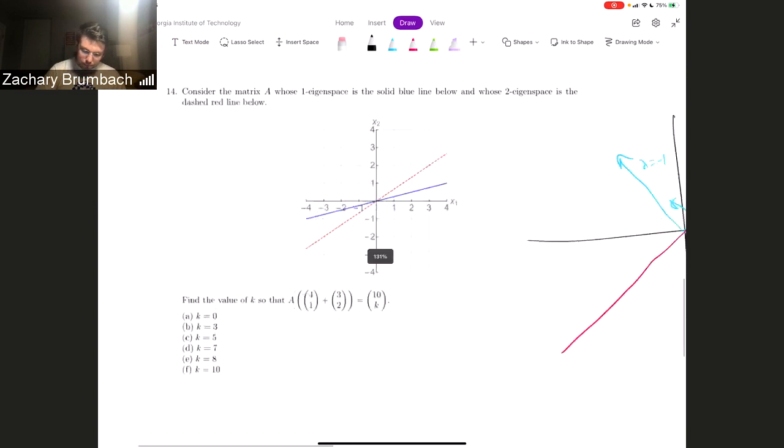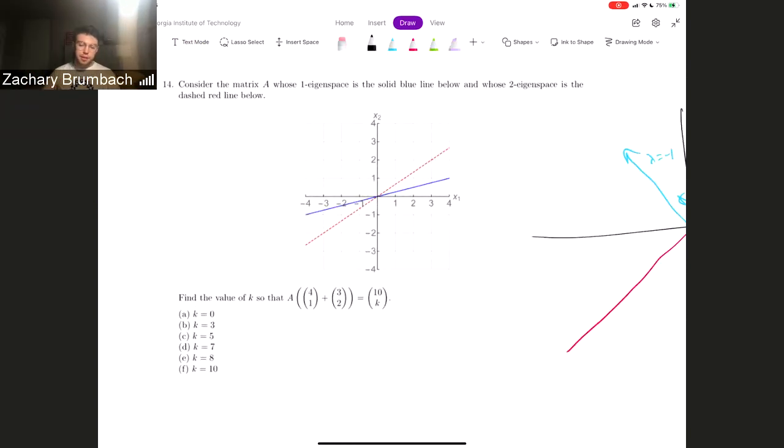So here, it gives us a 1 eigenspace and a 2 eigenspace. They give you your eigenvalues and eigenvectors, but this is just more geometric. So we have lambda 1 equals 1 because we have a 1 eigenspace, and lambda 2 equals 2 because we have a 2 eigenspace. That's what that means. Solid blue line.